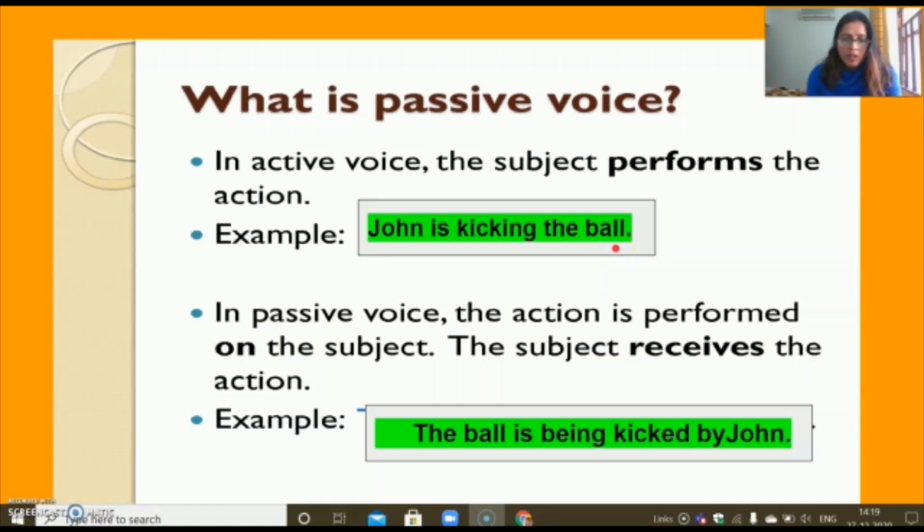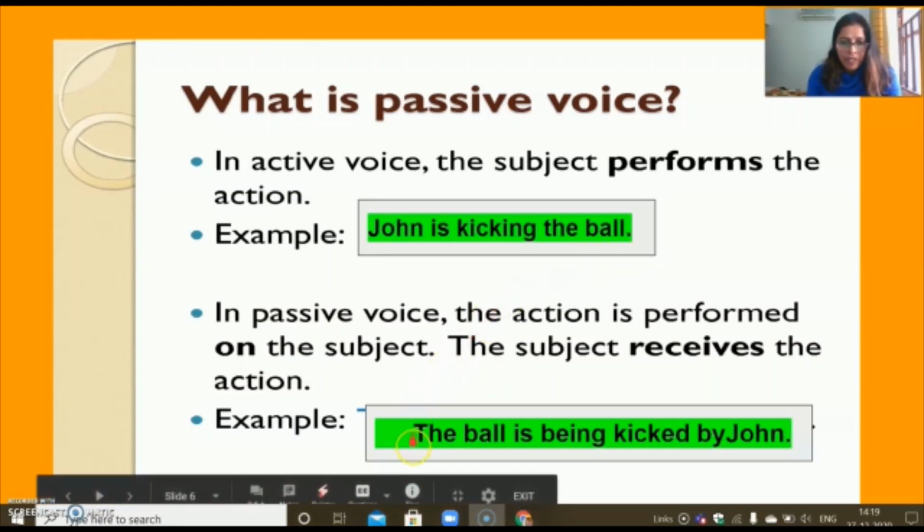Now move here and see this example. The ball is being kicked by John. Here the ball has become the subject and kicked or is being kicked is the passive form of verb used here.